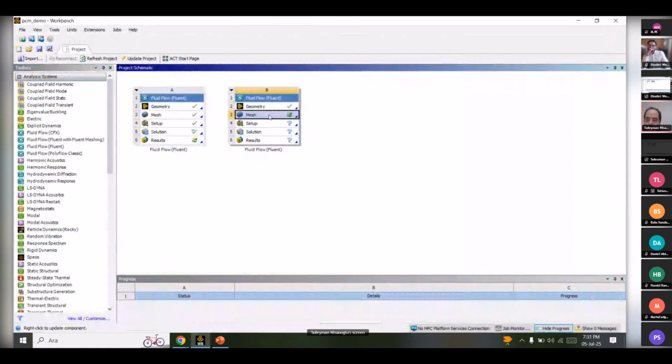After that, mesh. Meshing can be defined as the process of dividing a physical domain into smaller subdomains or elements. The primary goal here is to simplify the solution of differential equations.